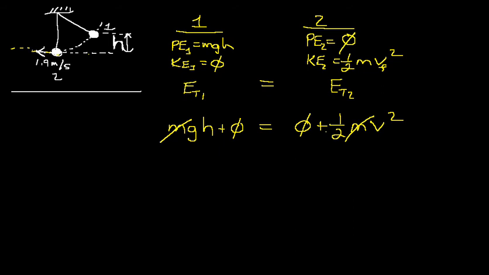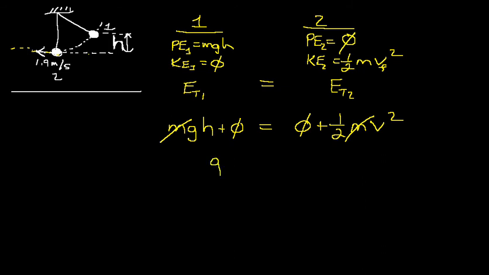You'll find that oftentimes when you're talking about conservation of energy, because mass is involved with both the potential and the kinetic energies, when you equate total energies in an equation form, the masses will all cancel out and they'll be irrelevant. So we don't have to worry about mass.